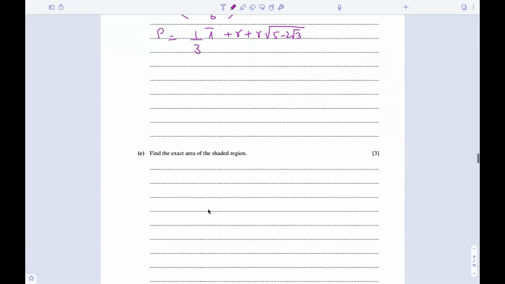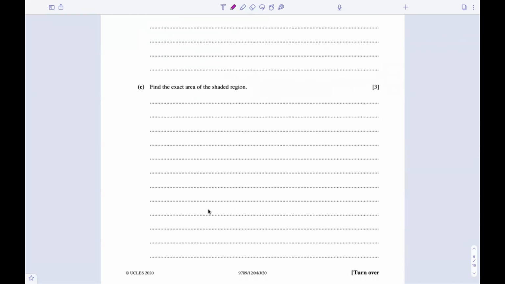Now in part C, we have to find the exact area of the shaded region. So for the area, we can find the area of the sector minus the area of the triangle.